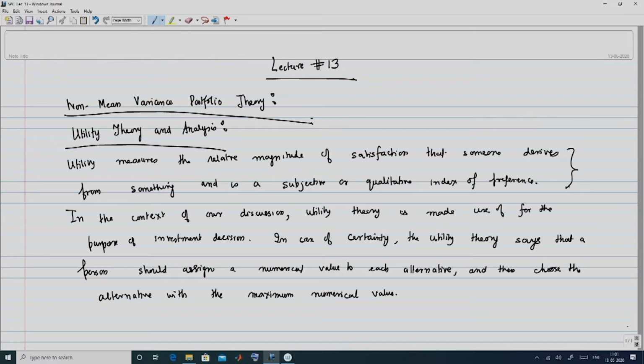So, what the utility theory says is that we will use utility theory in order to tag or assign a number to all the alternatives that are available to us. In the context of portfolio theory, we will look at different alternative portfolios available for investment, and to each of them we will use utility theory to assign a number which is a qualitative indicator of the amount of satisfaction that we can derive by holding that portfolio.